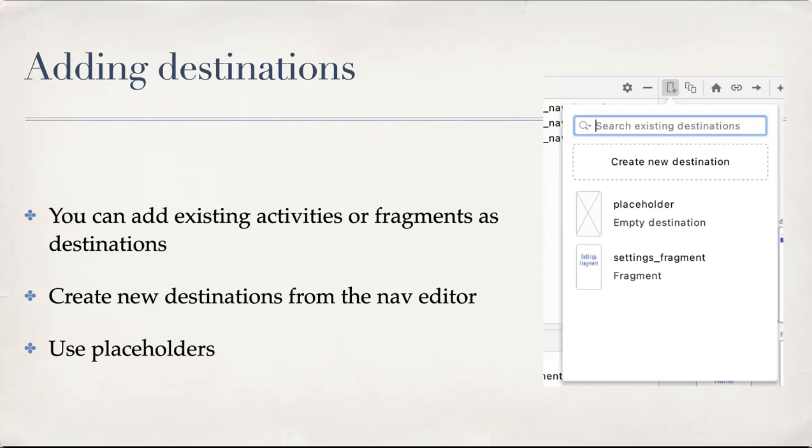So placeholders basically represent any unimplemented destinations, and they serve as visual representation to help you design. So if you are not sure of what design to use yet, or when you're simply creating that navigation flow, you can use the placeholders, but they must be changed to actual destinations, existing destination classes, before running the app.